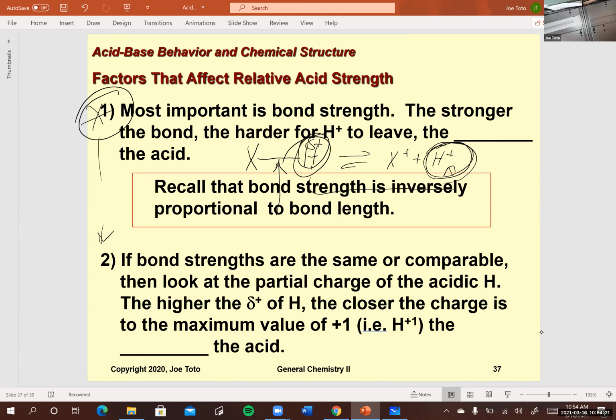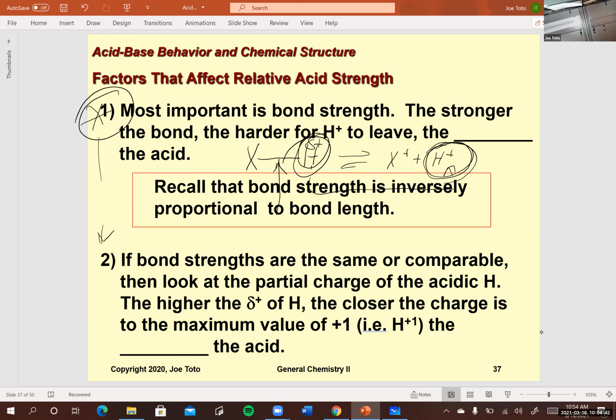And now there's many other ways to deduce or think about ranking relative acid strengths, but these are the two most common, and these are used as representative ways of thinking about ranking acids in Chem 201.